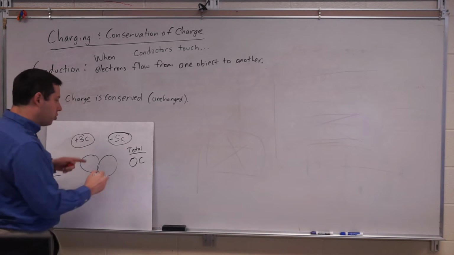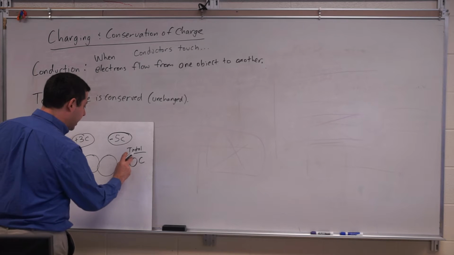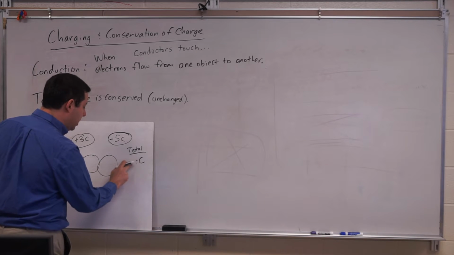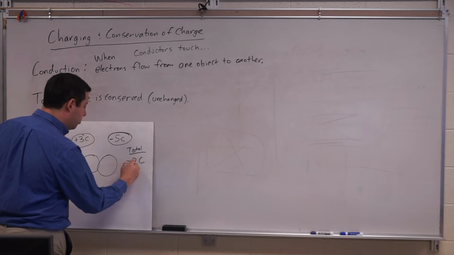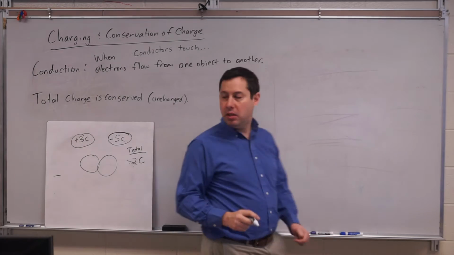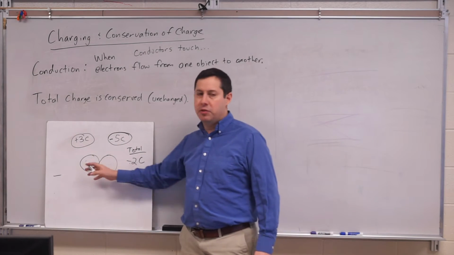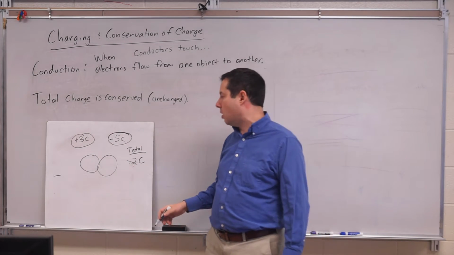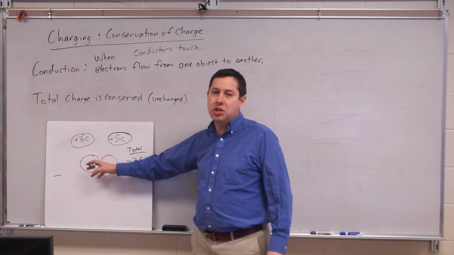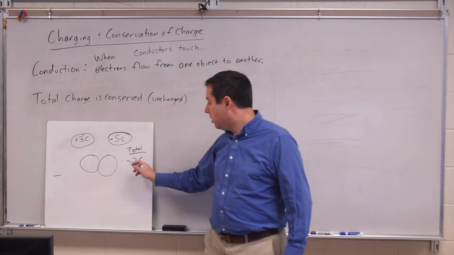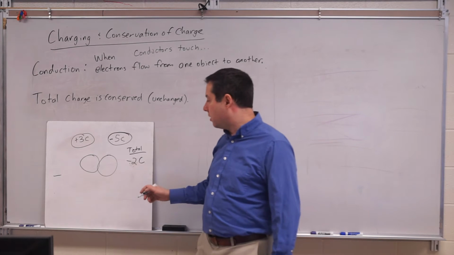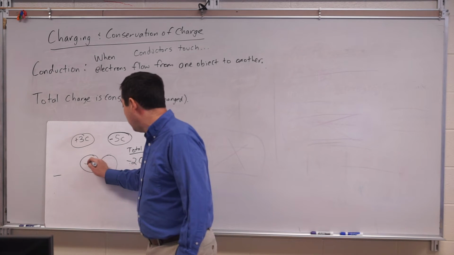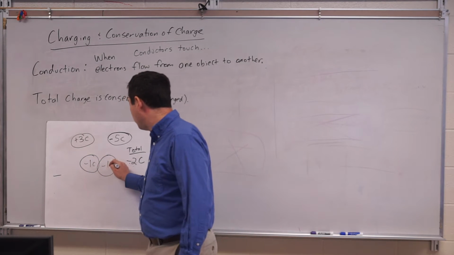We know that the total charge, plus 3 minus 5, has got to be equal to negative 2 coulombs, right? That doesn't mean that there's negative 2 coulombs on each of these objects, though. If there's negative 2 on each, then you'd have a total of negative 4. So that total is split among the two. So each of them gets minus 1 coulomb.